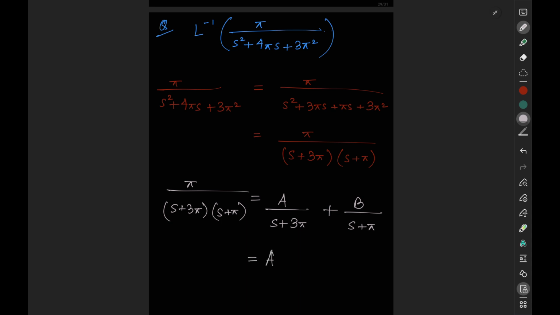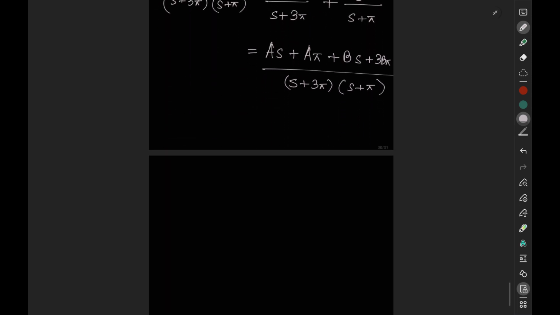So this can be written as (a times s plus a times pi plus b times s plus 3b pi) upon (s plus 3 pi) into (s plus pi). This is equal to ((a plus b) times s plus (a plus 3b) times pi) upon (s plus 3 pi) into (s plus pi).